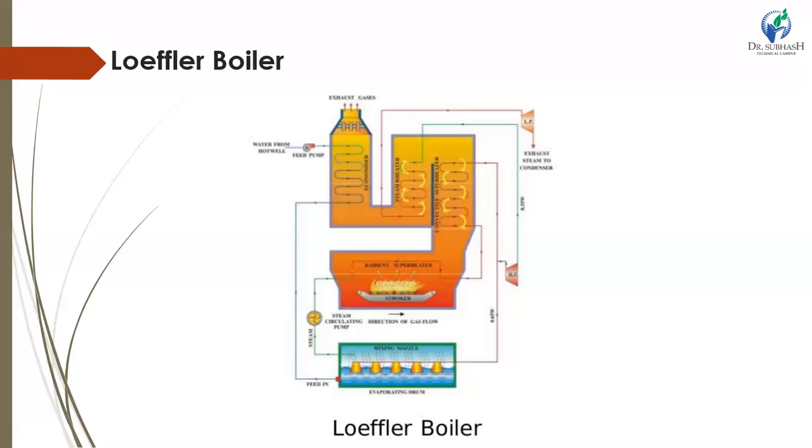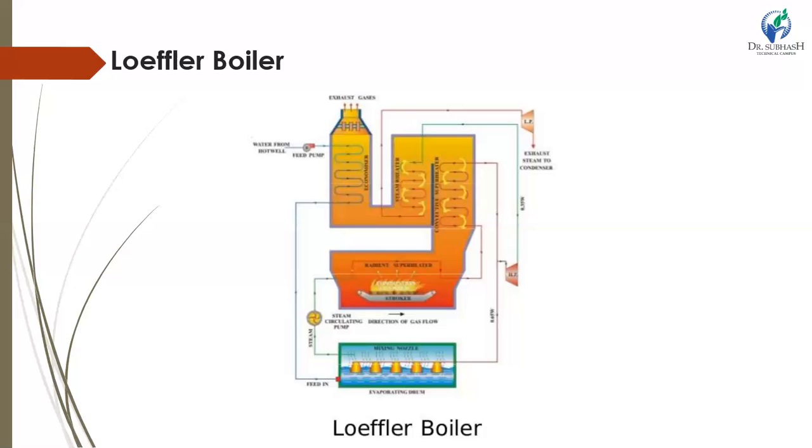The evaporator drum is located outside the furnace. The preheated water from the economizer then enters the evaporative drum, into which around 65% of the superheated steam coming out from the convective superheater is passed.